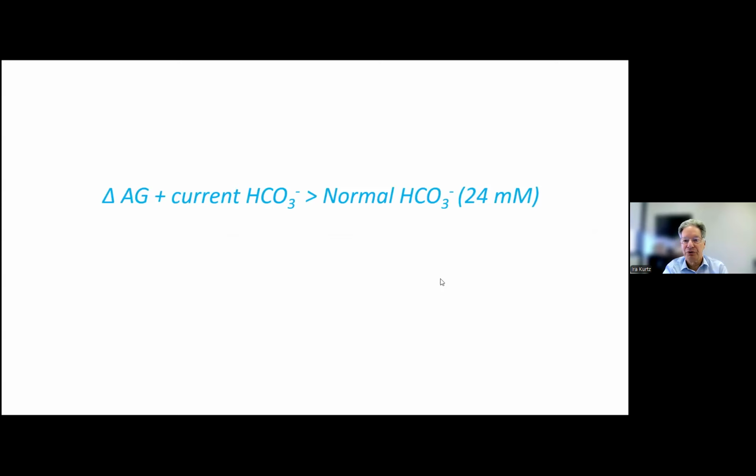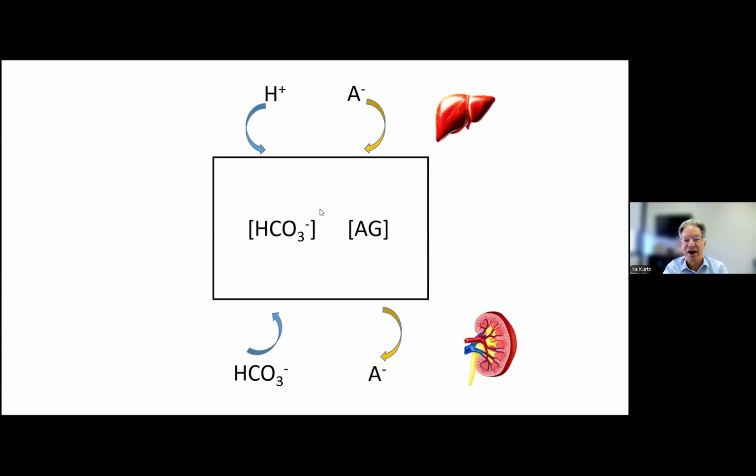So let's go through each of these examples. Whenever you have an anion gap metabolic acidosis, you should immediately add the change in the anion gap to the current bicarbonate and see if the bicarbonate ends up being normal. Why do we do that? We're using the change in the anion gap as a surrogate for the proton load, which requires a lot of assumptions.